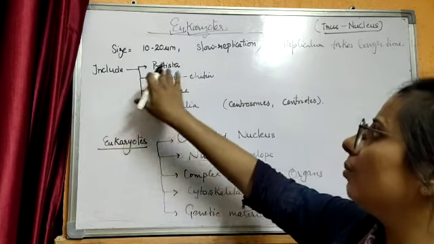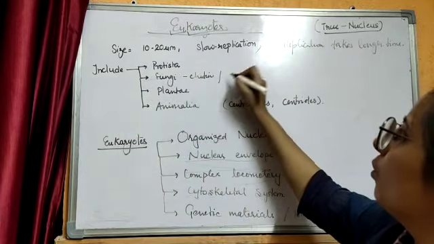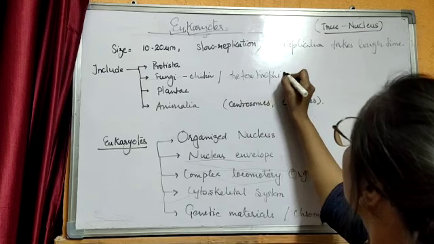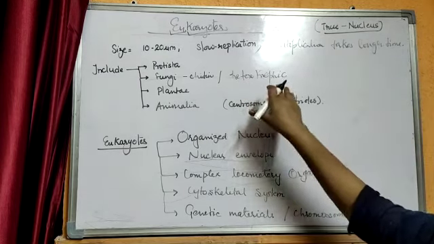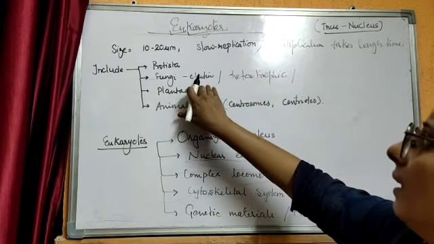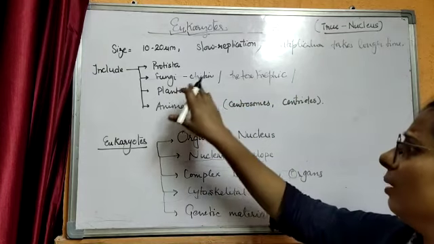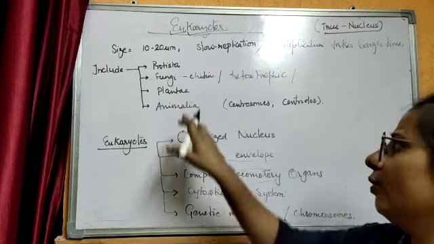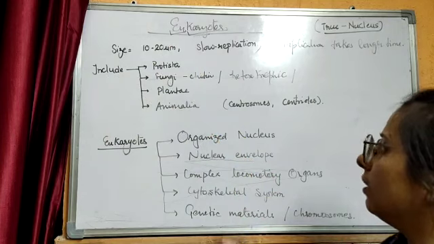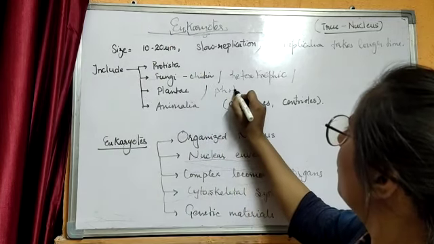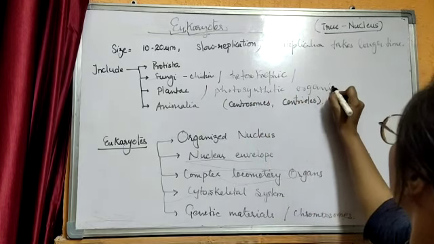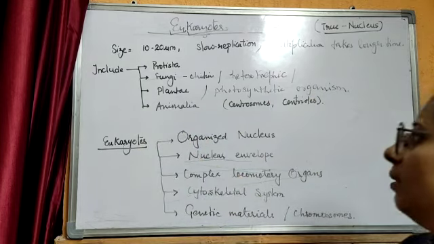The eukaryotes include protista and fungi, who are heterotrophic in nature, meaning they don't make their own food but depend on other organisms for it, and they have a chitin layer over their body to protect themselves from attacking organisms. Further, the eukaryotes include plants, the photosynthetic organisms, and also the animalia.